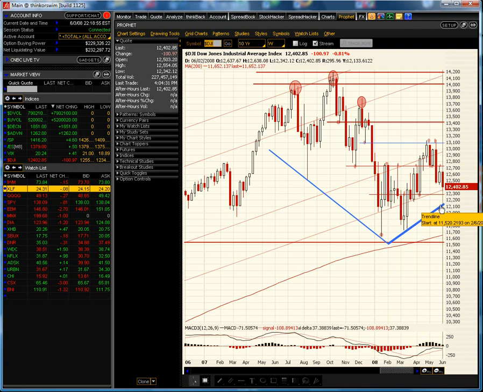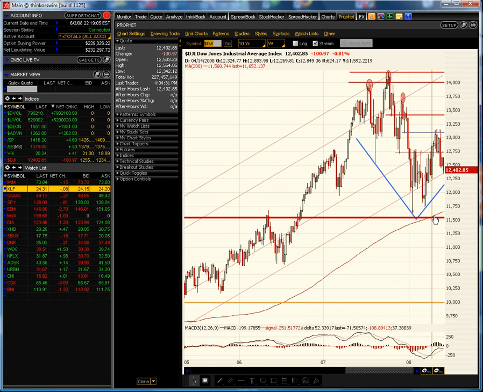Now, if prices were to drop below this V and they were to drop below this lower trend channel line, then I would suggest that we're probably going to be in a very long bear market, or at least a trading market in between this 11,500 and 12,750 or even higher level for a long, long time.